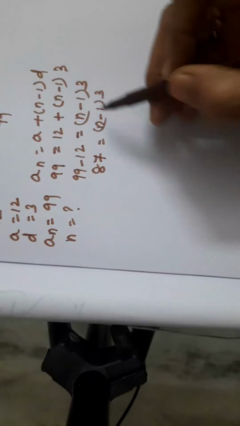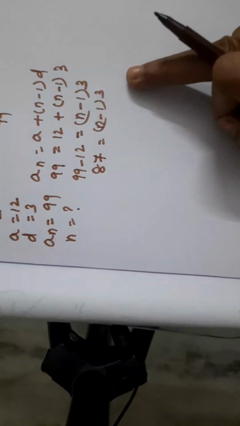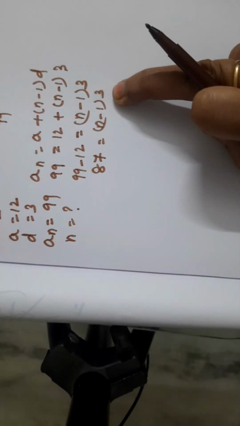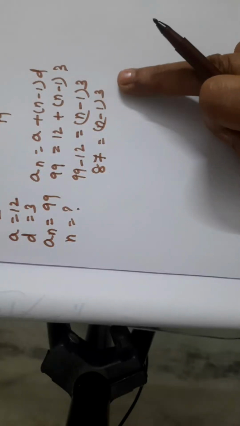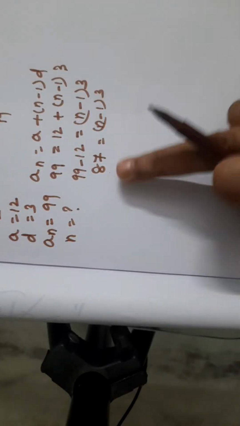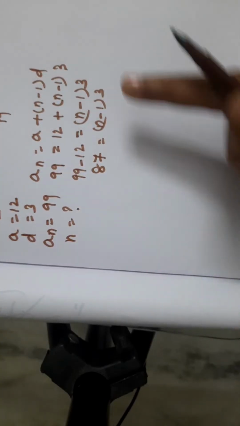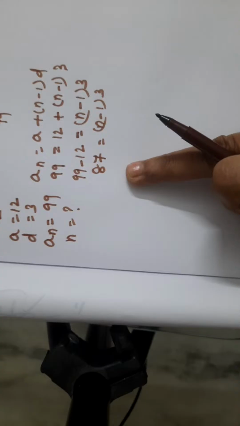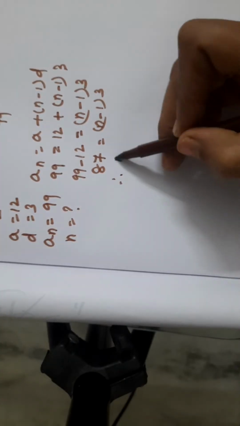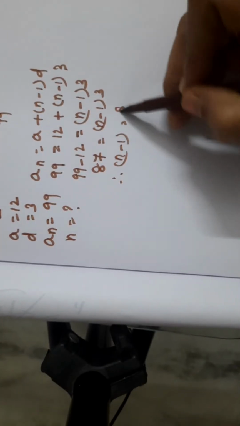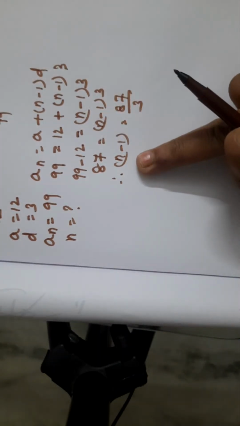Be sure that whatever number you get will be completely divisible by the D you have taken in the equation. Here 3 is there, so the number can get divided, and there will not be any remainder. The number will get divided by 3. So n minus 1 is 87 divided by 3. Make this n minus 1 towards the left and divide both the numbers.